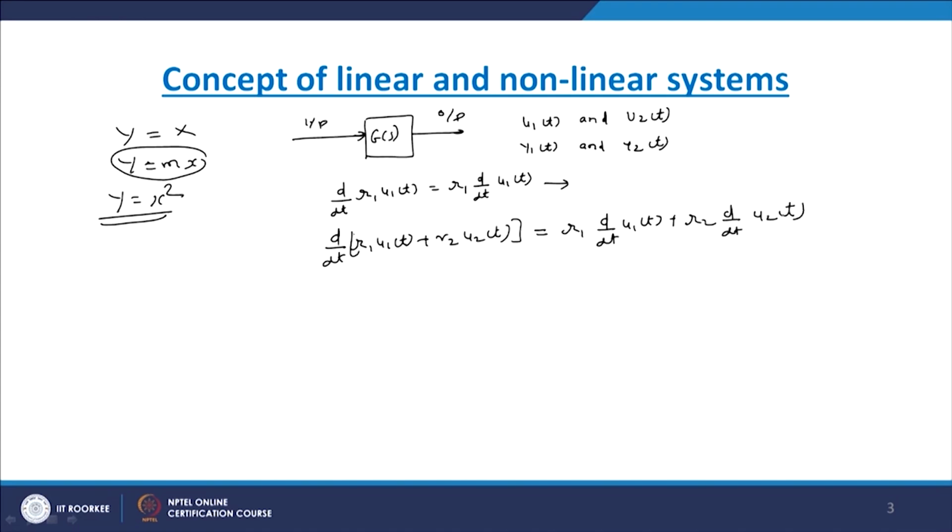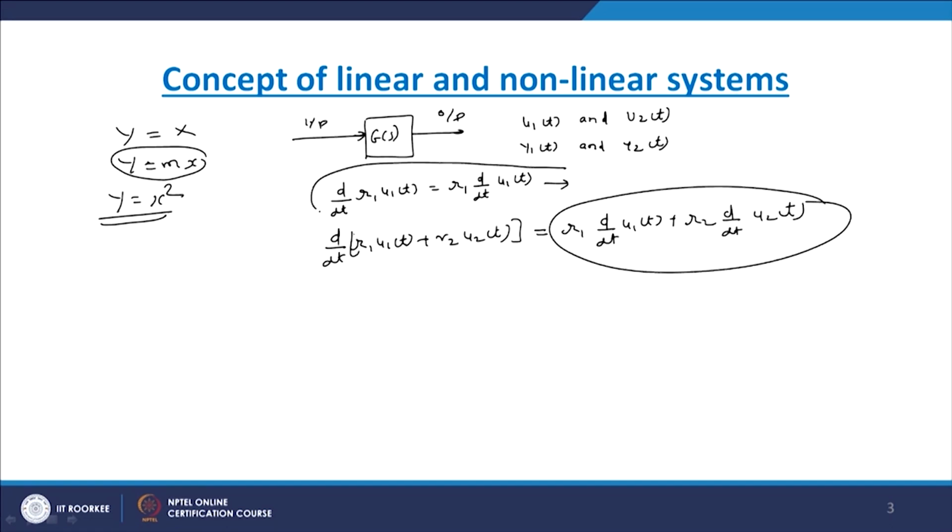This is nothing but the principle of superposition, and this part is nothing but the principle of homogeneity. So, whenever the system is linear, both the principle of superposition and homogeneity are applicable, whereas in a nonlinear system these things are not applicable.